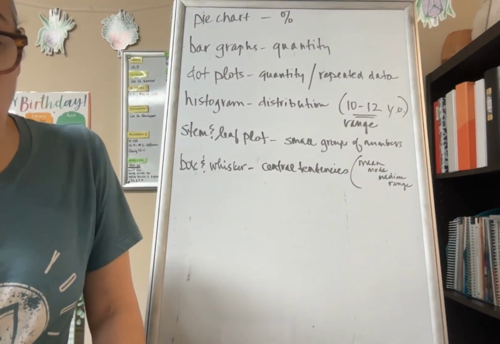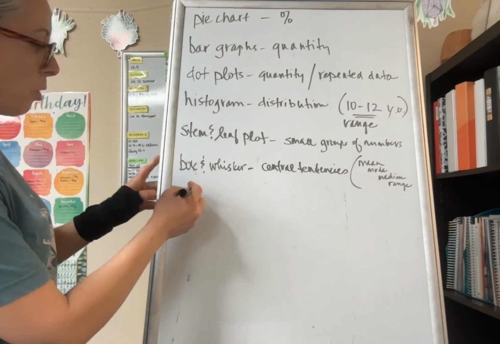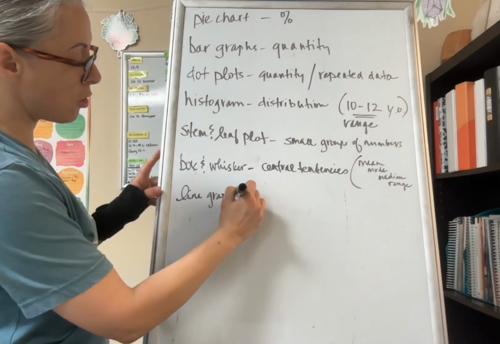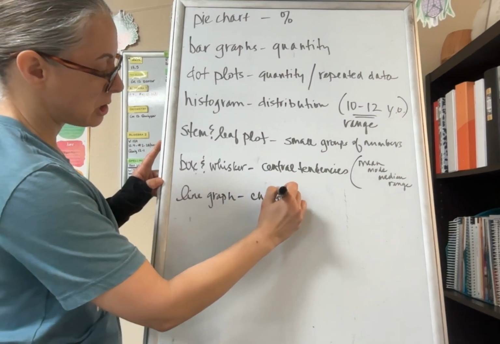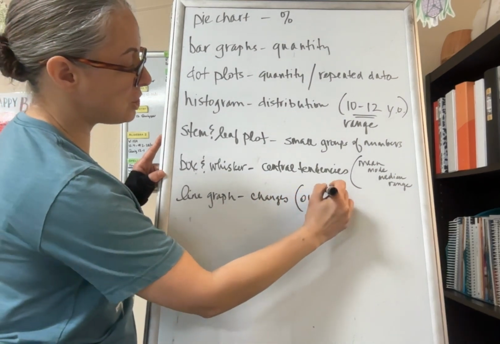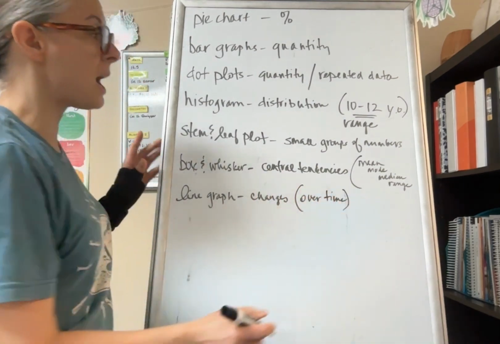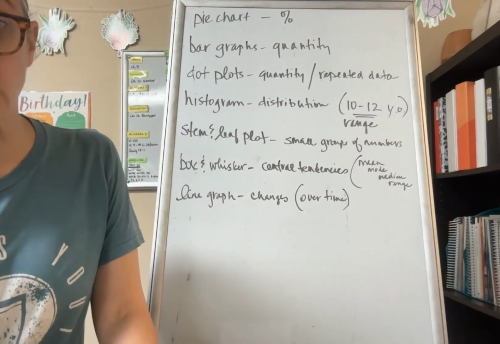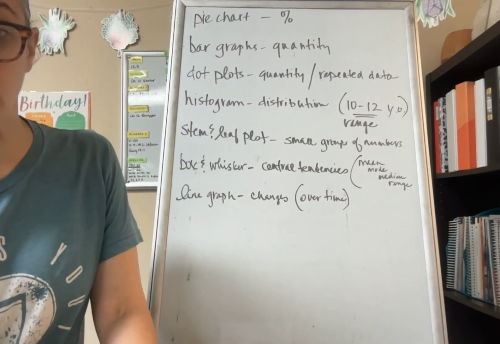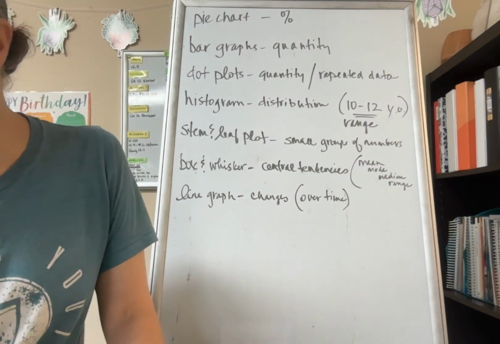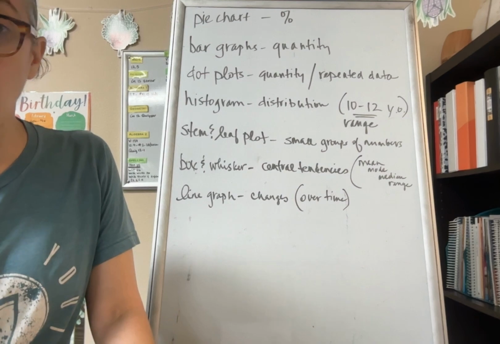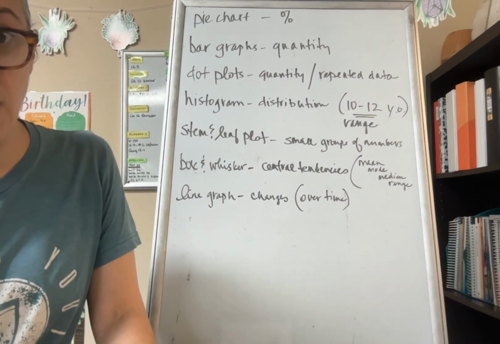And then line graphs, those are good when we want to show changes, especially over time. Okay, so changes, especially over time, line graphs give us a really good picture of how something is changing over time. Okay, so we're going to look at some specific examples and decide which graph would be best for this data set.